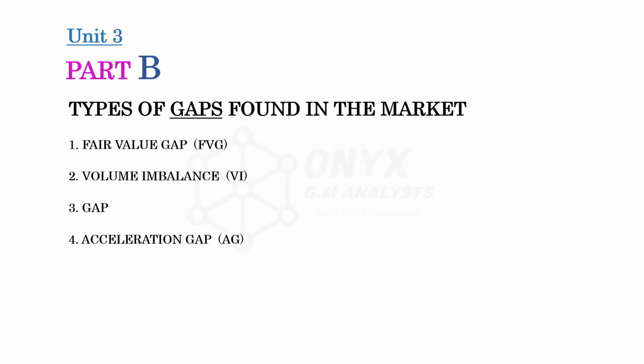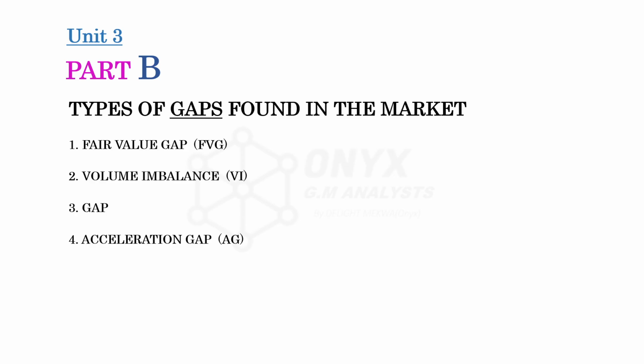In this unit, which is unit 3, part B, we will be discussing types of gaps found in the market. These gaps that we will discuss here are not the only kind of gaps found in the market, but these are the most common gaps that we have seen and studied over the previous years, as we were experiencing with the market.